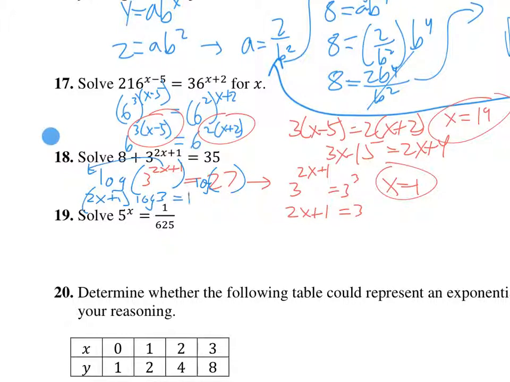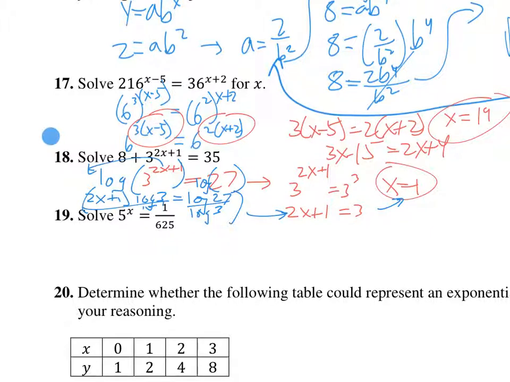Log 3 to the 2x plus 1 equals log 27. If you divide both sides by log 3 and you go to your calculator and figure out what this is, it's actually going to give you 3. Log of 27 divided by log of 3 is 3. And that'll put you right to here, which gives you the same answer, okay?